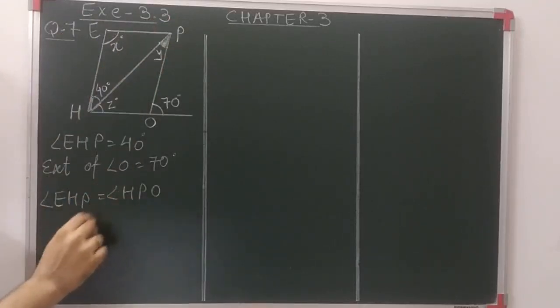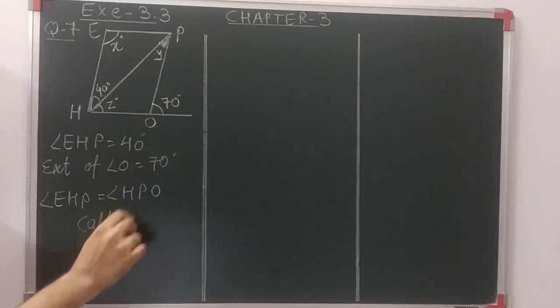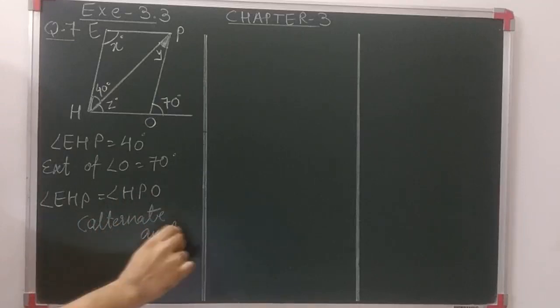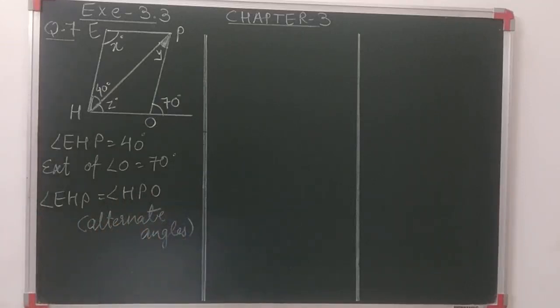We can write the reason: they are forming a pair of alternate angles. So this angle we have 40, so this angle HPO must be the same, that is 40. HPO is y. So we obtain y is 40. Now x and z are left.